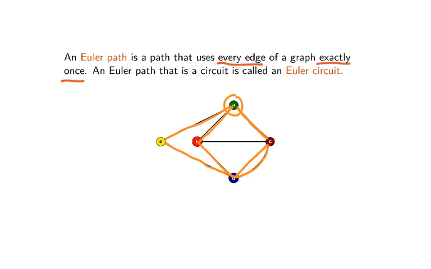You see that here in this one, I have no other place to go, and I didn't travel this one. So that means that my orange path was not a good choice for an Euler path. In fact, we didn't find yet a path from C to E.